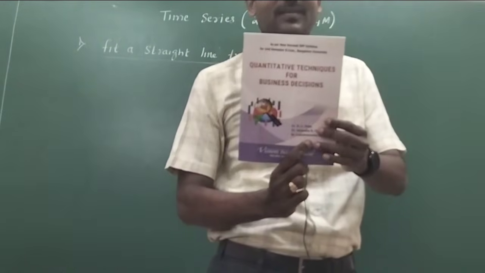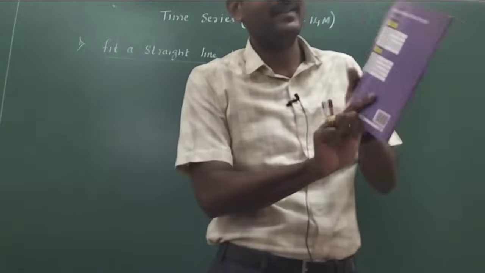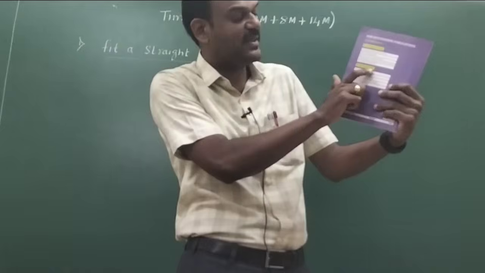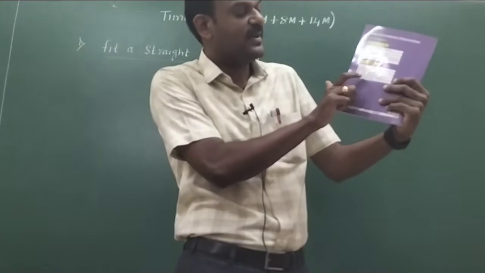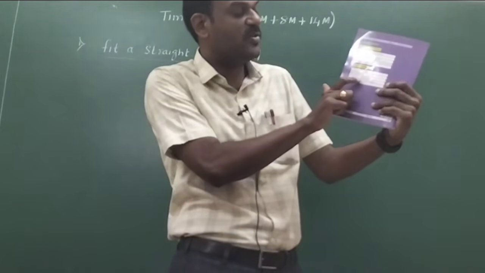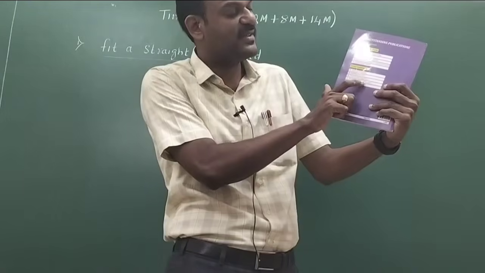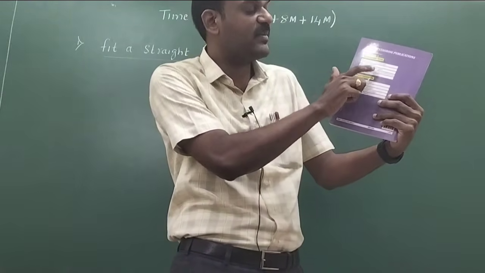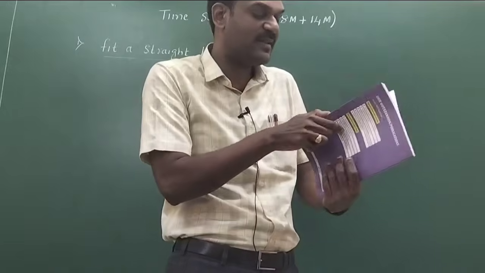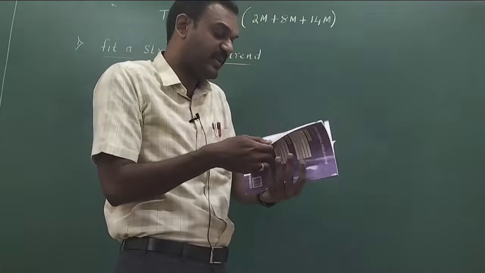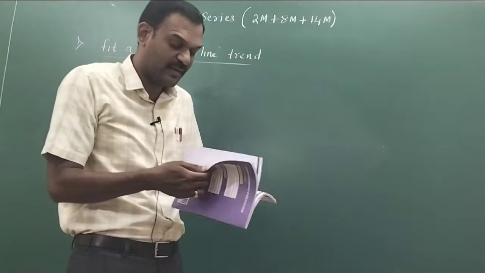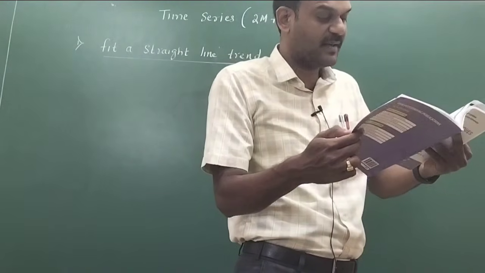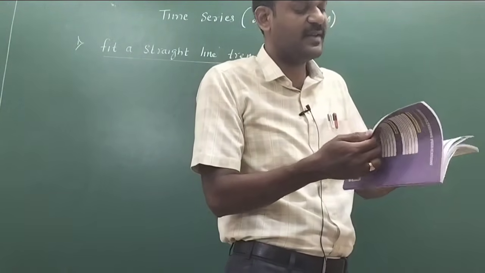The same thing is there in the BBA textbook also, only the difference is that for them the name of the subject is QBT, Quantitative Business Techniques. For BBM, BBA and BCom it is a compulsory subject, and this is a compulsory chapter. For example, let us consider one problem: fit a straight line trend by the method of least squares.